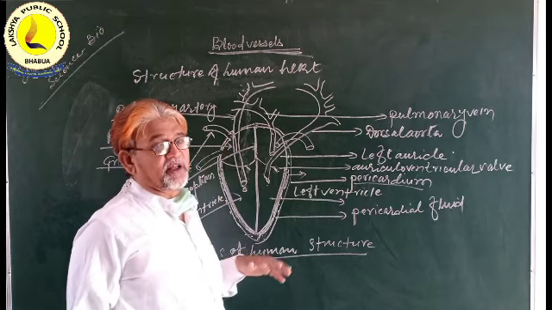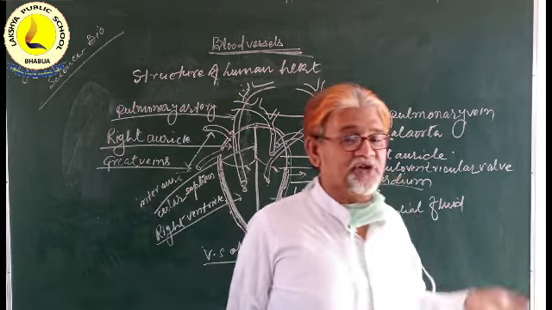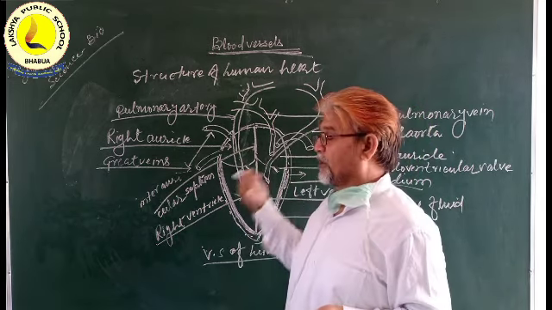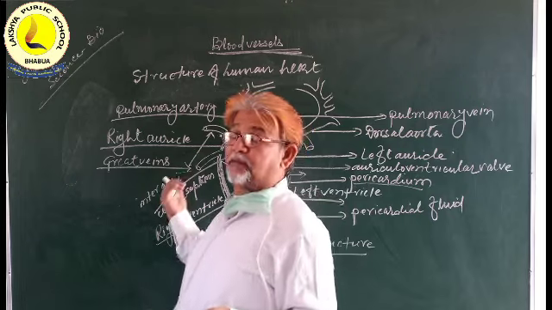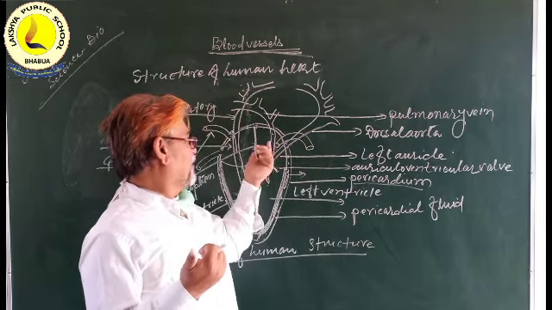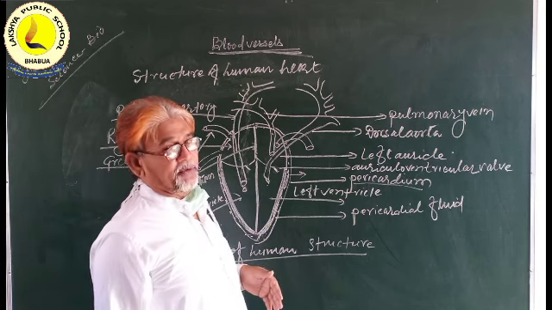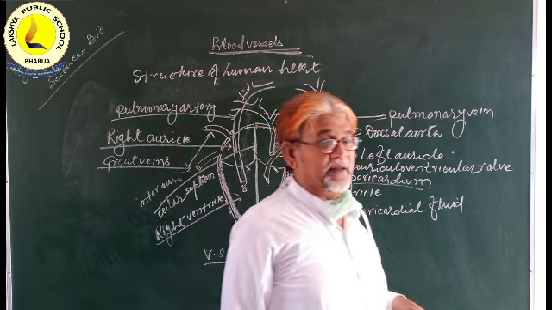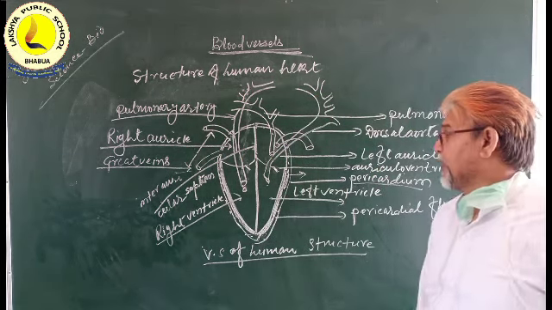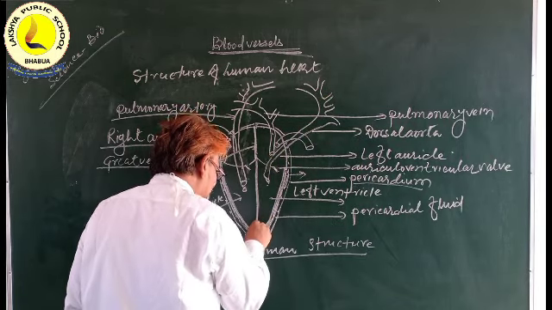Both auricles are receiving chambers. When they are completely filled, they pump this blood to the lower chambers, and these two lower chambers are said to be the ventricles.